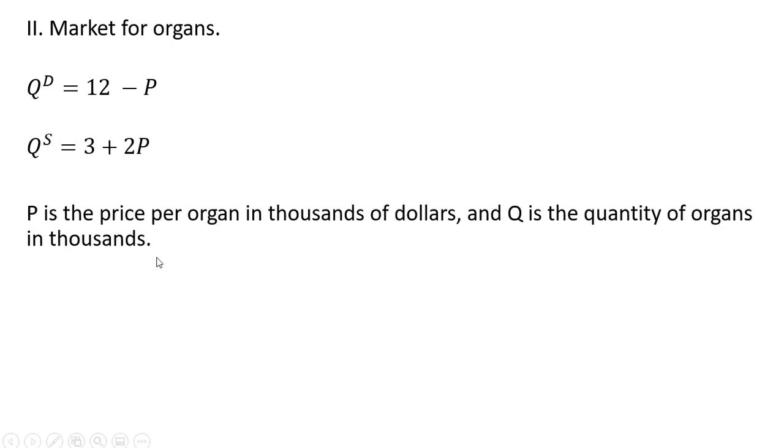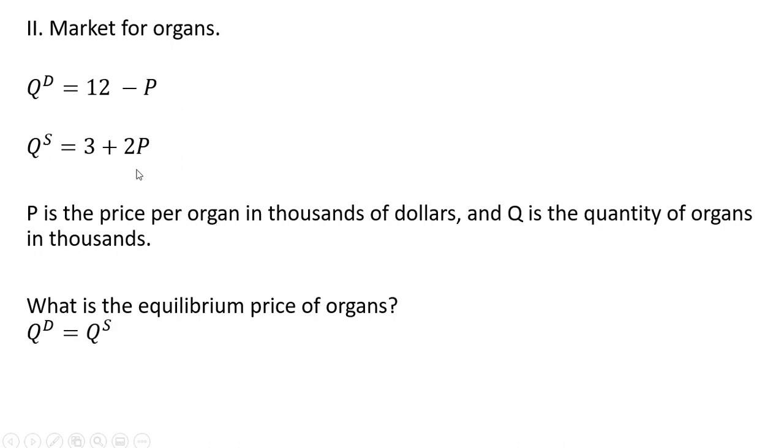Now let's look at a market for organs. Same supply and demand equations. What is the equilibrium price of organs? Setting quantity demanded equal to quantity supplied, setting those two equations equal to one another, and now solving for the price. The equilibrium price here is $3.